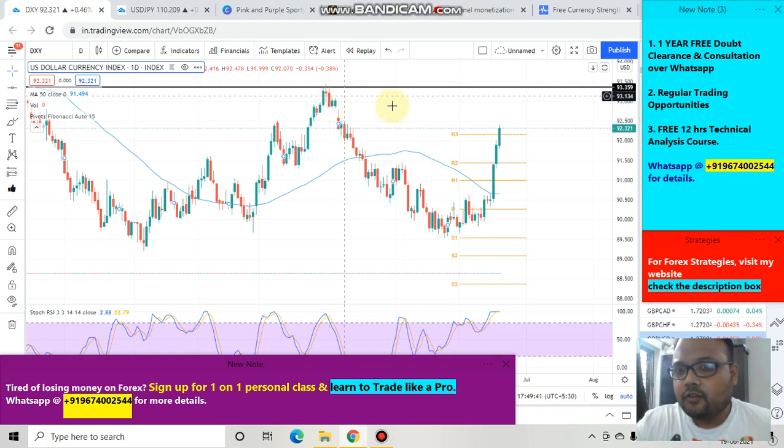So the US dollar will be volatile right now. And there's a good possibility that in the coming week the market will reach this resistance zone. Until and unless the market reaches this particular zone, we can assume that the US dollar will remain bullish.